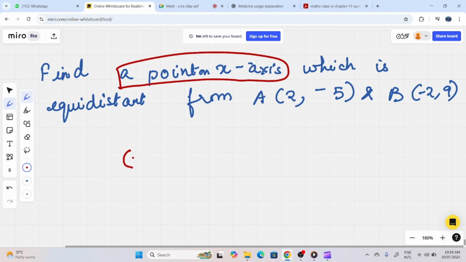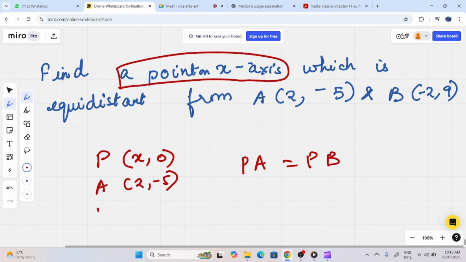X comma 0, y should be 0. Now this point P is equidistant from A and B, so what will you write? PA is equal to PB. A is 2 comma minus 5 and B is minus 2 comma 9. Now do it.